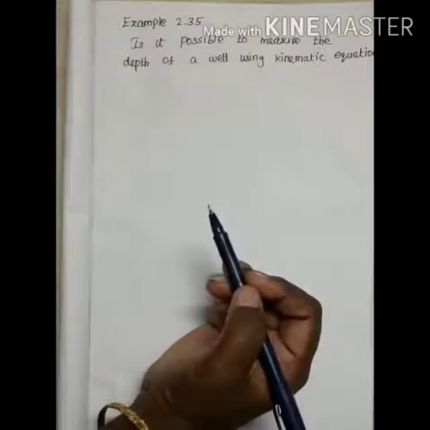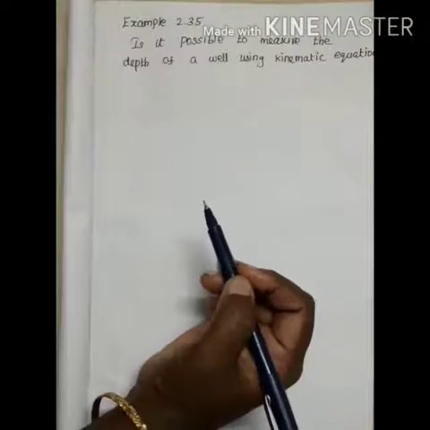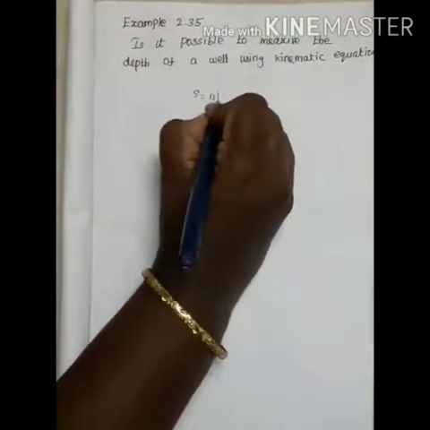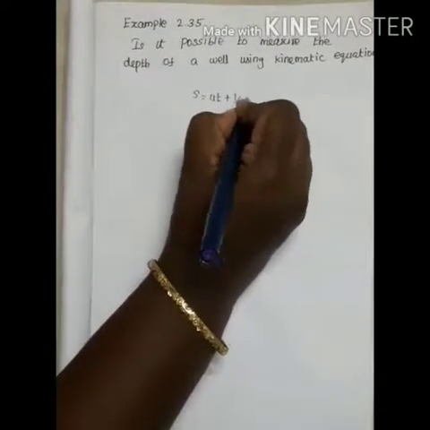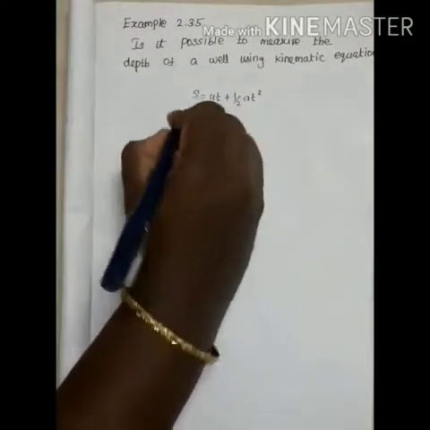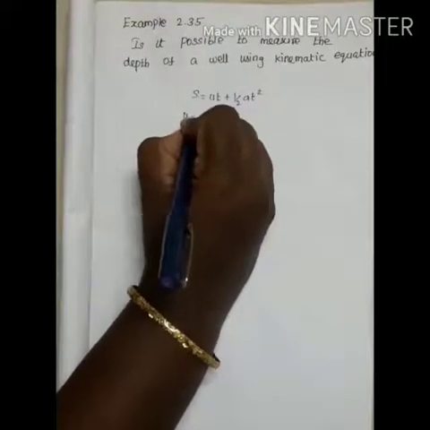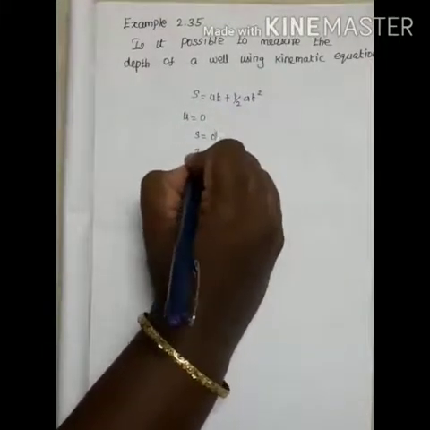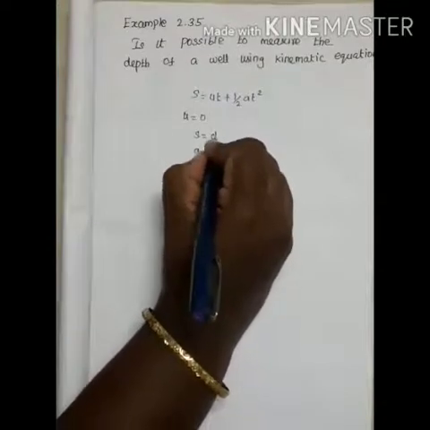Initially, the velocity of the lemon u is equal to 0. The acceleration due to gravity g is a constant. Therefore, we write the equation of motion, s is equal to ut plus half a t square. Here, initial velocity u is equal to 0, s is equal to d, and acceleration a is equal to g.